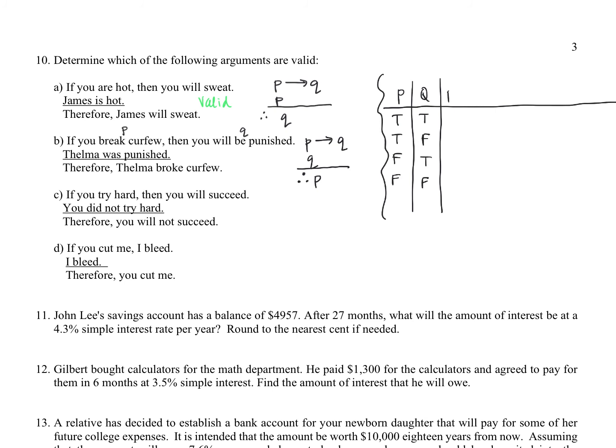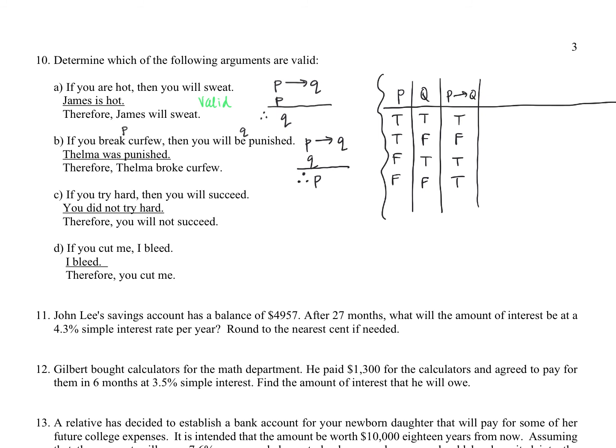Now we need a P implies Q. If the first thing is true and the second thing is true, it's true. If the first thing is true and the second thing is false, that's the only time that this conditional statement is false. If it starts with a false, the conditional is automatically true. So we have true, false, true, true.